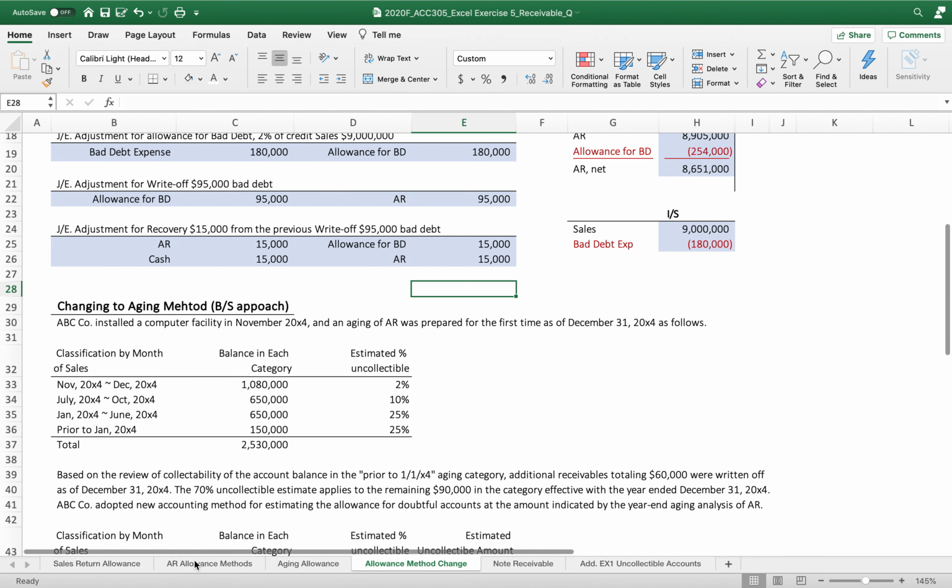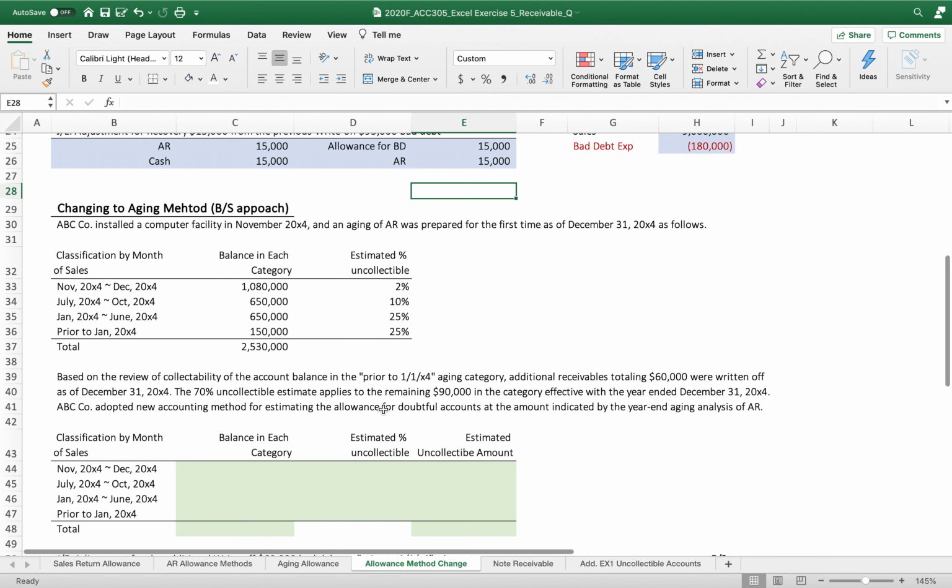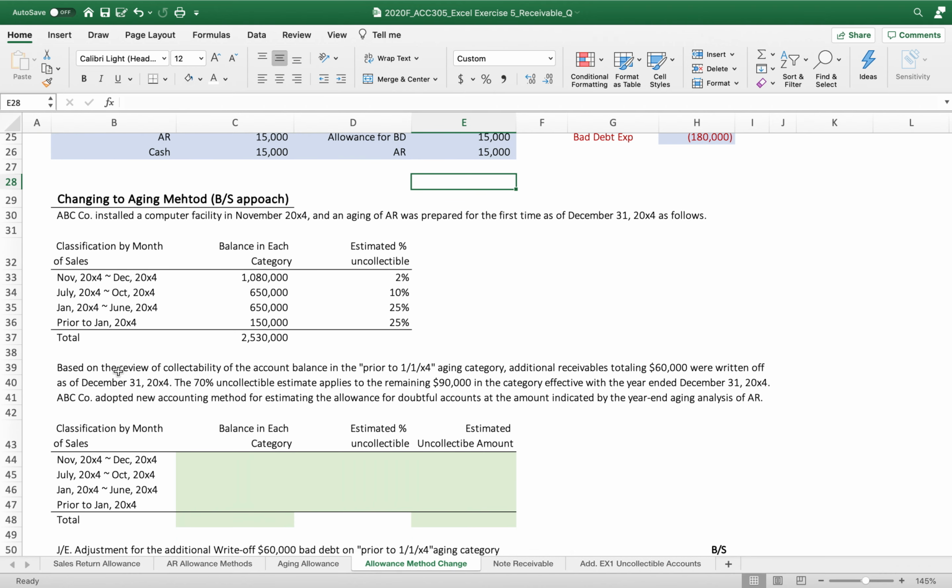So we have this information, and based on the review of collectability of the account balance in the prior to January 1st, year 4 aging category, additional receivables totaling $60,000 were written off as of December 31st, and a 70% uncollectible estimate applies to the remaining $90,000 in the category.